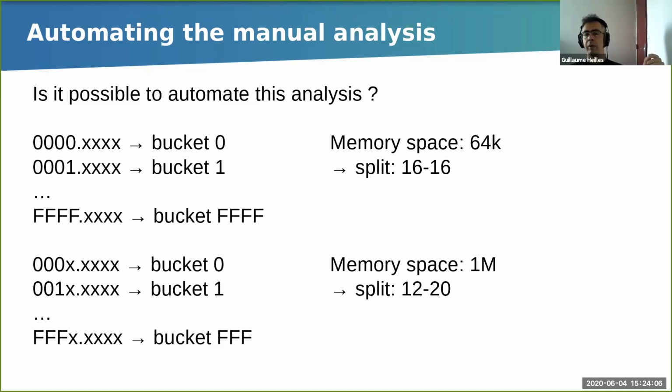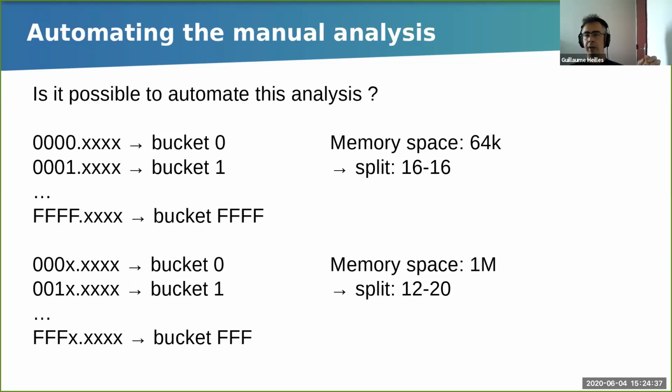If your memory space is 64 kilobytes, that is represented on 16 bits. So if you have a 32-bit value, the prefix is 32 minus 16, so it's 16 bits. If your firmware size is 64 kilobytes, you can expect 16 bits that are always constant for the flash memory.